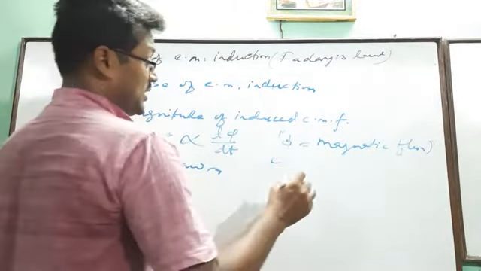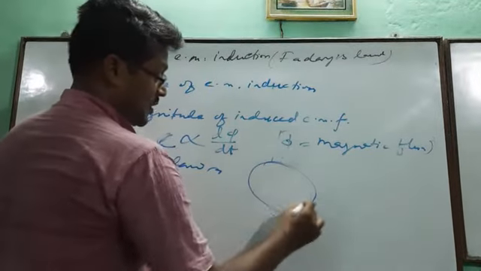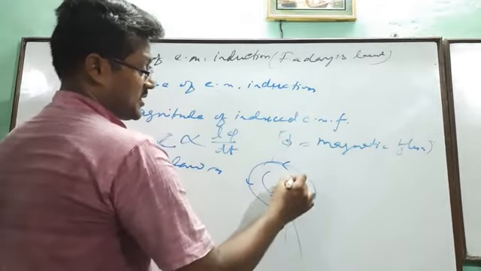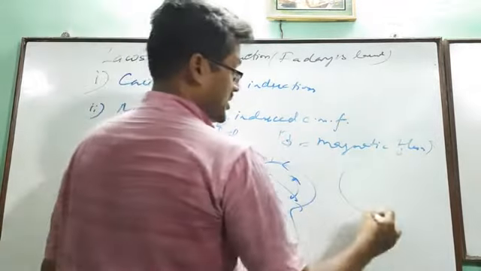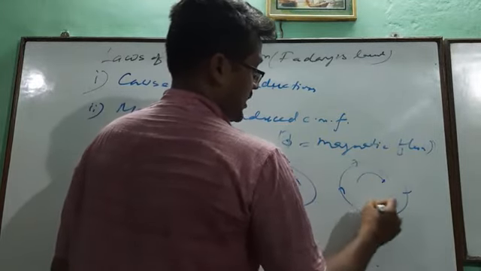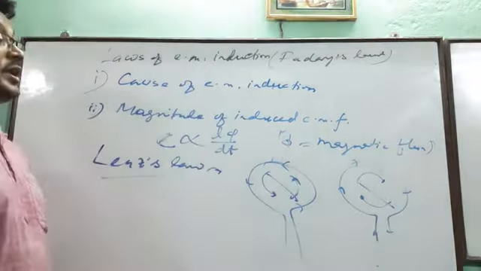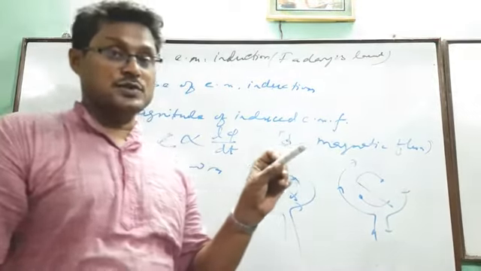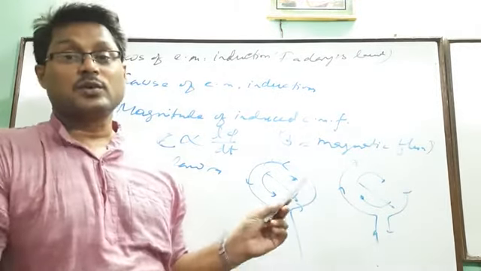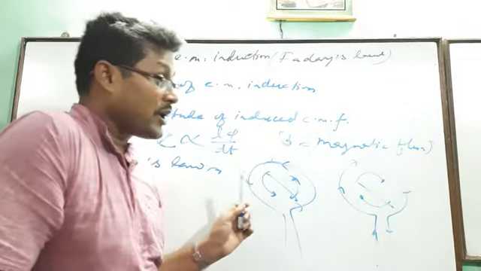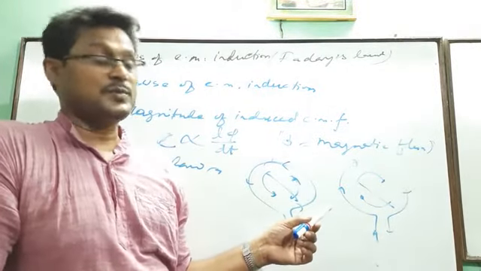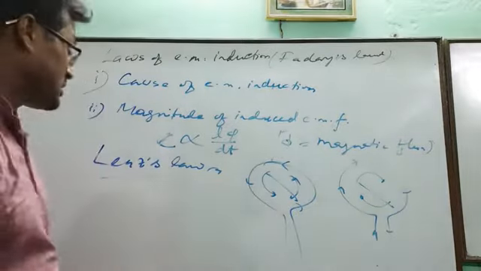If a coil is considered, anti-clockwise means N pole, and clockwise means S pole. So whenever the N pole is introduced, anti-clockwise deflection is there, meaning we find N pole. And whenever the S pole is introduced, we find clockwise deflection, meaning S pole. So what is Lenz's law?